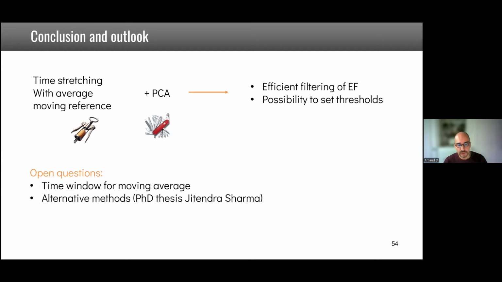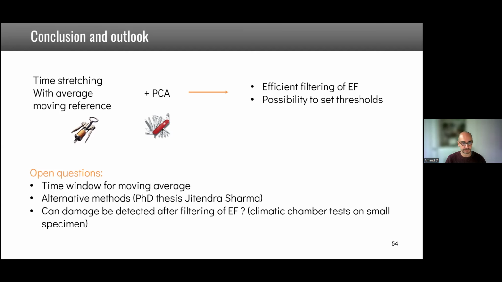And maybe there are also alternative methods to this time stretching. Jitendra already looked at phase corrections, MWCS methods, all kinds of things. So this is really the PhD of Jitendra, about what else can we do. Should we use more of a core driver approach with more physical understanding, or other Swiss knife approaches?